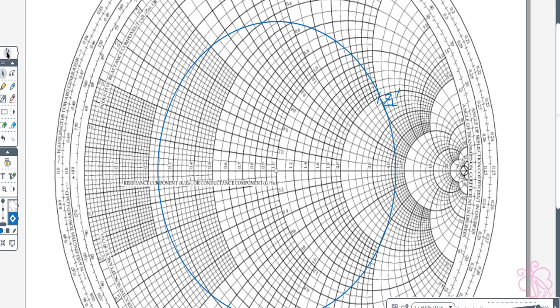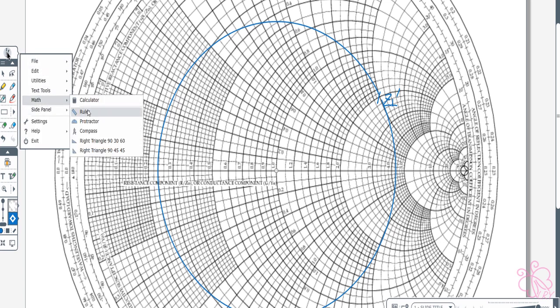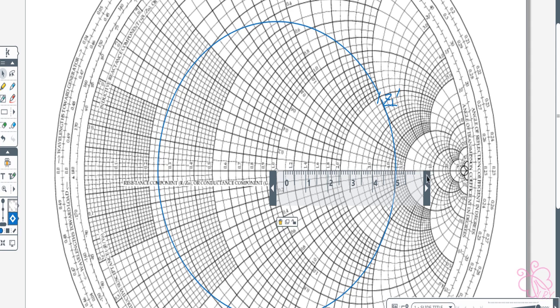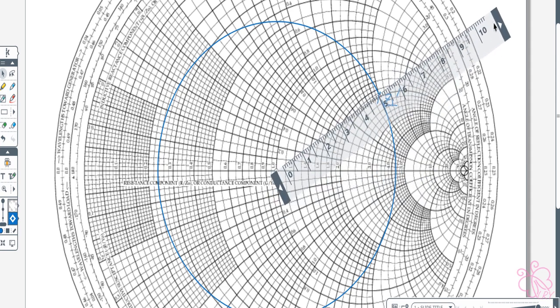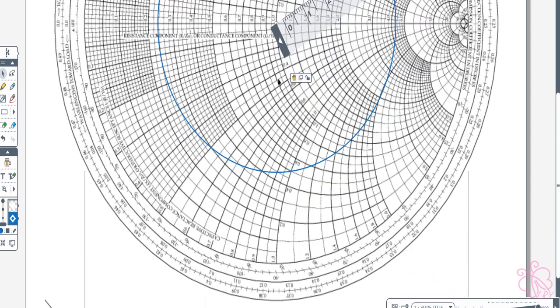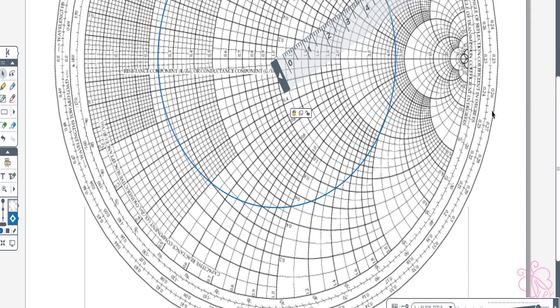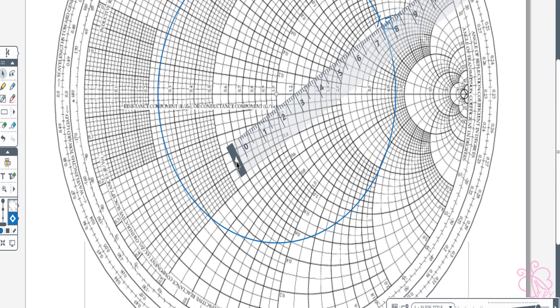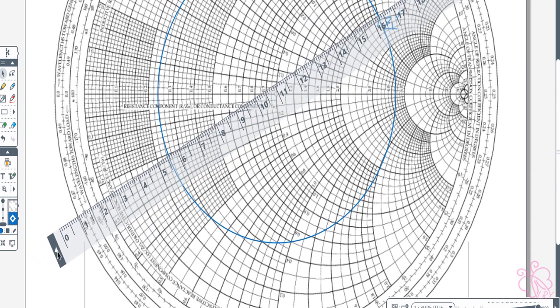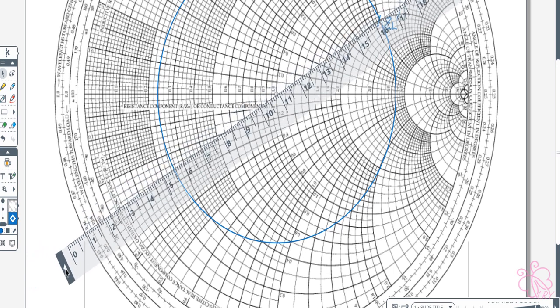Next we're going to draw a straight line from Z0 to ZL. So this is our j2. I'm going to extend this to find my YL. YL is 180 degrees from our ZL. So draw a straight line from the bottom until the upper side.